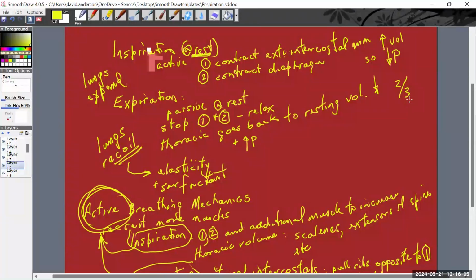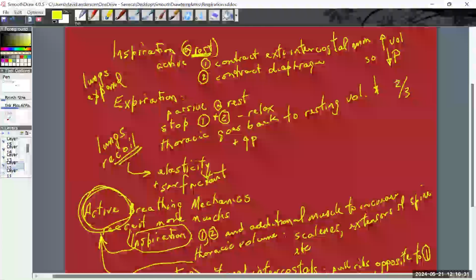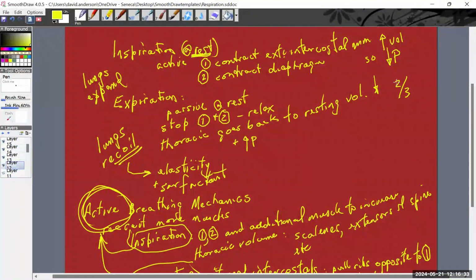If we take the 12 number and this ratio, inspiration is 2 seconds on and expiration is 3 seconds off, that's a total of 5 seconds for a breath in and a breath out. So 2 seconds on, 3 seconds off, over a minute, that's 12 breaths per minute.